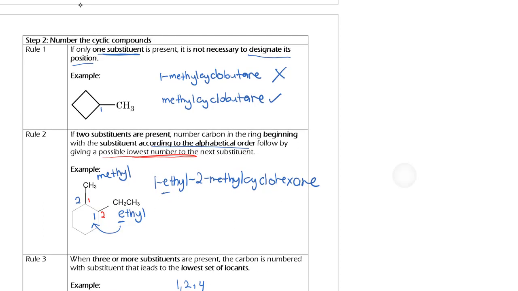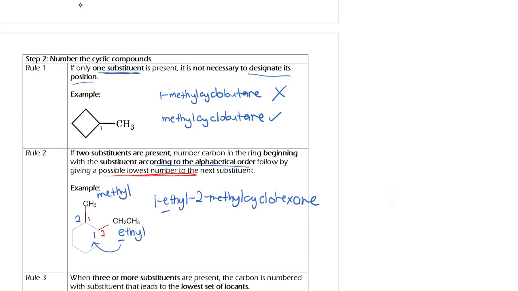Okay. So the first rule: if only one substituent is present, it is not necessary to designate its position. In other words, no need to mention its position. No need to write down 1-methyl cyclobutane.